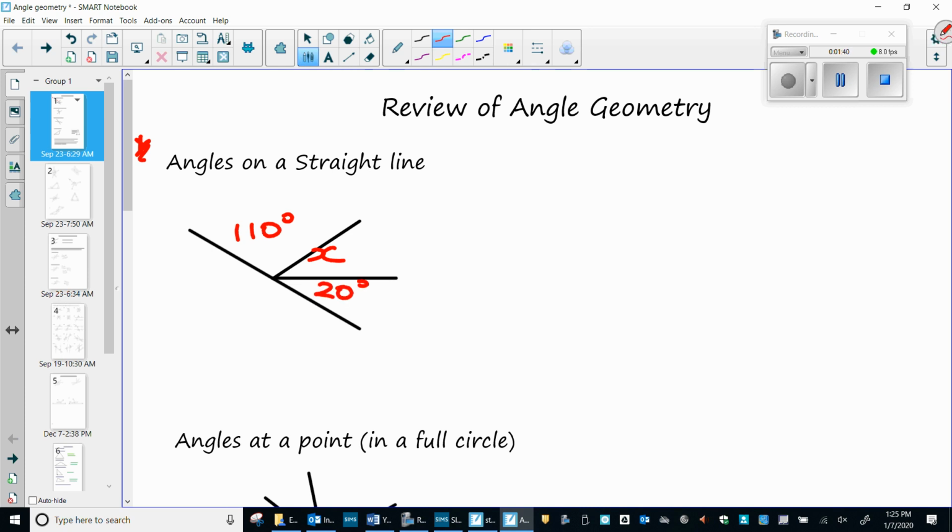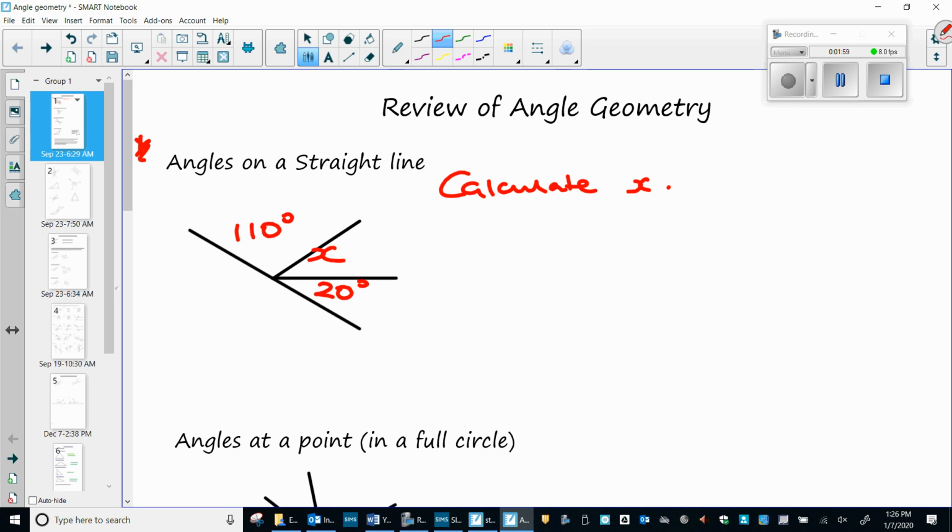I've got nice easy numbers. And you would be asked to calculate X. They use the word calculate or evaluate because you are not measuring it. What do I know about the angles that sit on a straight line?